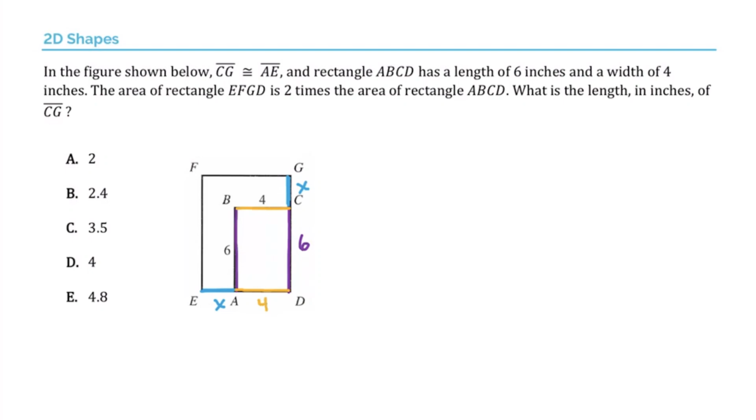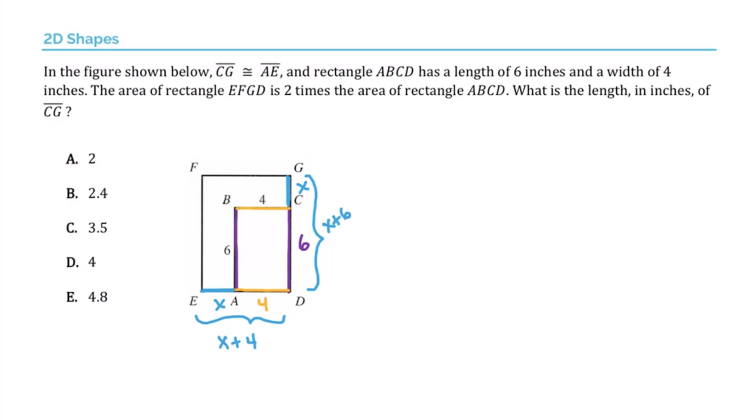So if we just pause for a second and think, if we look at rectangle ABCD, we have our length and our width labeled. If we look at the larger one, EFGD, notice that this total length here would be x plus 6, and this width here would be x plus 4.